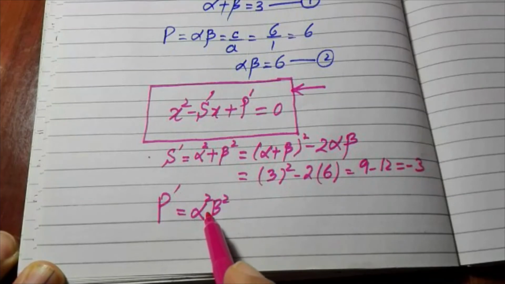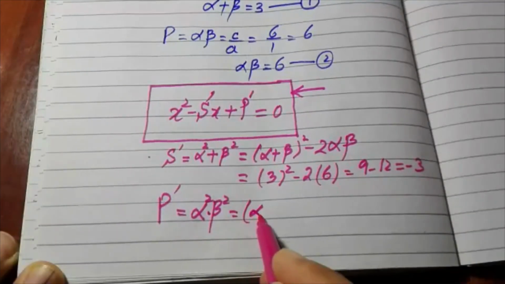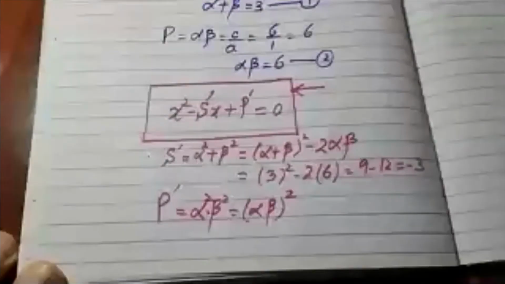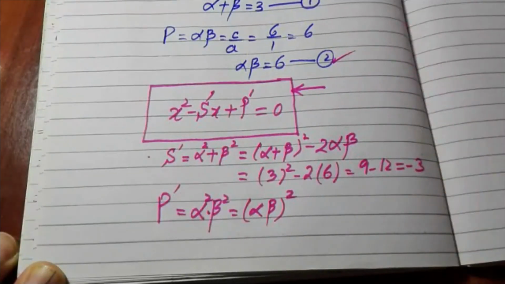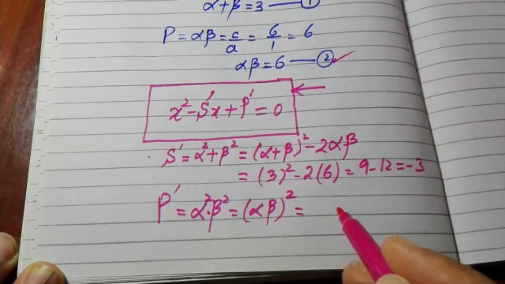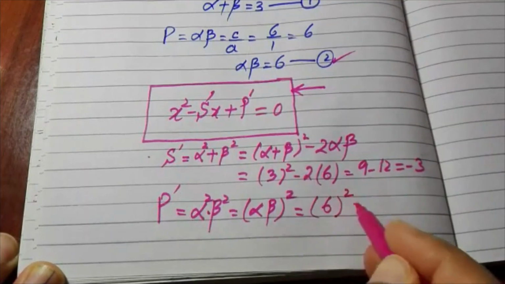If you collect it, you can write it as alpha beta whole square, and you use the value of alpha beta that you already calculated from the given equation's product of roots. Substituting, it becomes 6 square, equal to 36.